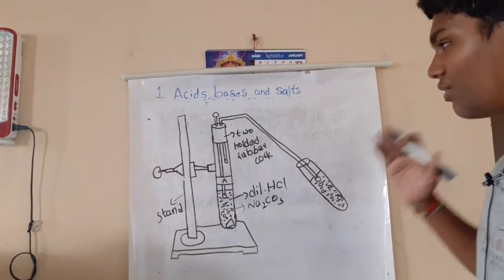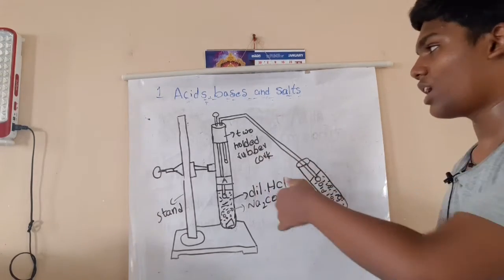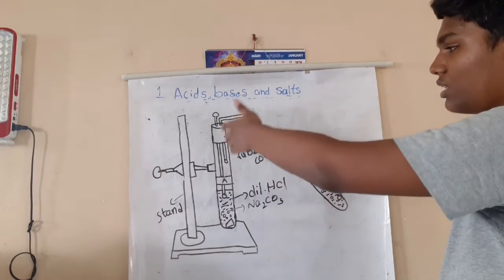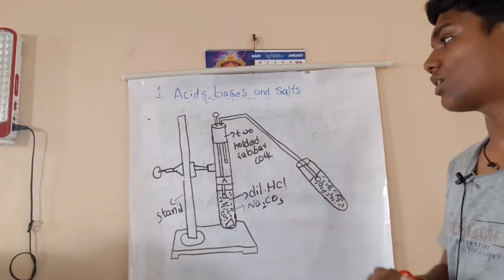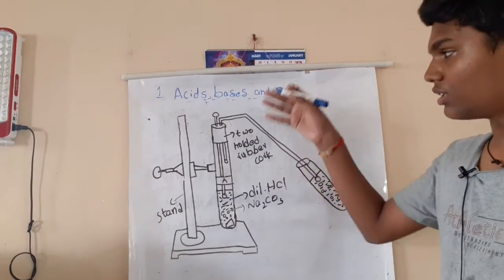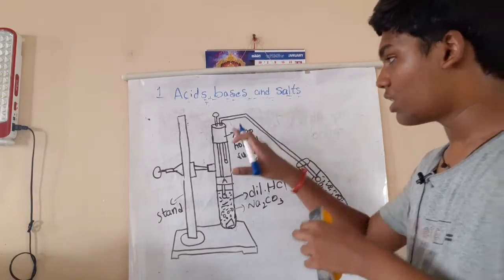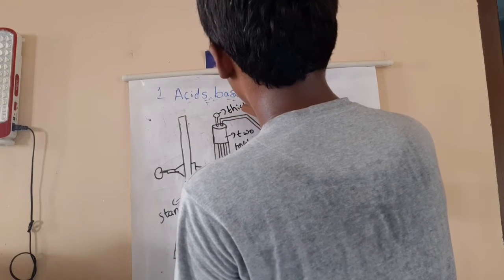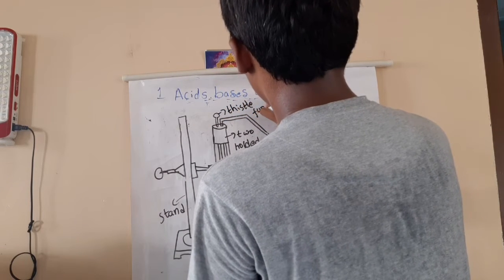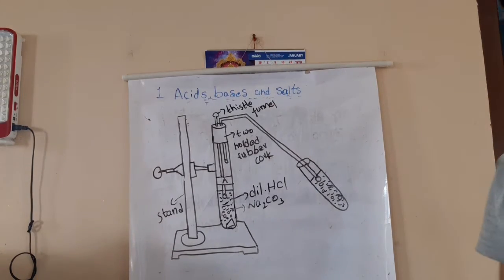Now, fifth point: take the Thistle funnel and fit it in the test tube with the help of the rubber cork. Fit the Thistle funnel in this rubber cork in the test tube and close this also with the help of the rubber cork. This is the Thistle funnel.